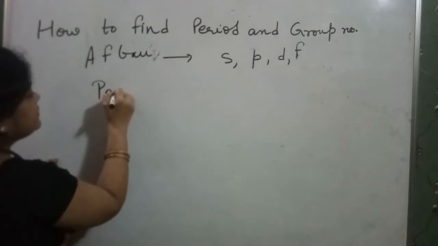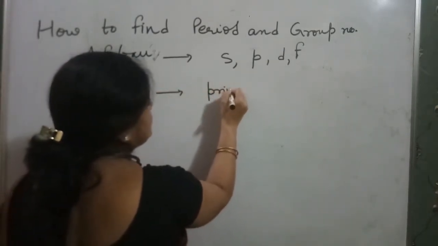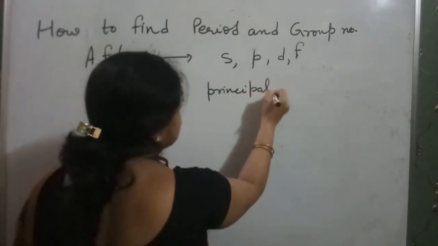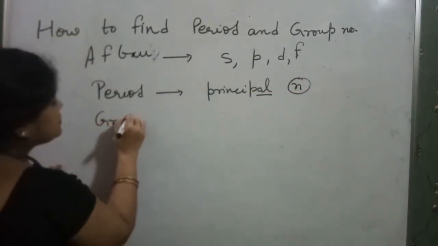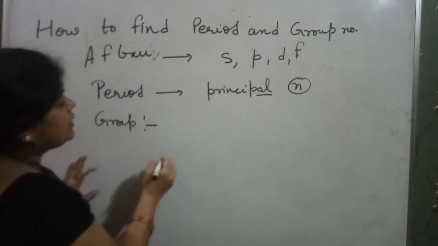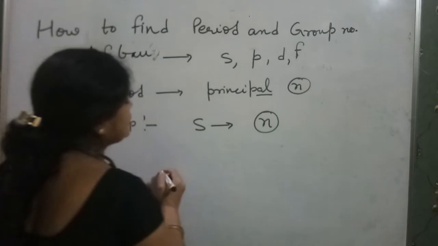For the period, we use the principal quantum number of the valence shell, and for groups, there is a formula. For the s block we use that same principal quantum number.